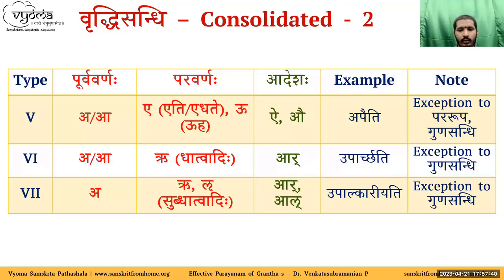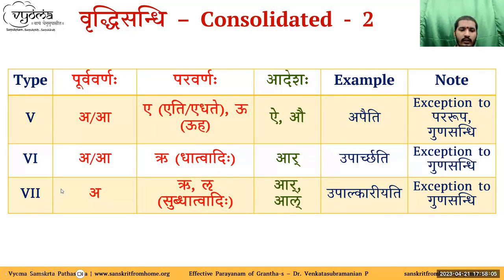But please note, the Adesha is in place of both Purvarna and Paravarna. So the example given is Uparchati. Uparichati is the split. If we join Uparichati, we get Uparchati. This is again an exception for Gunasandhi.